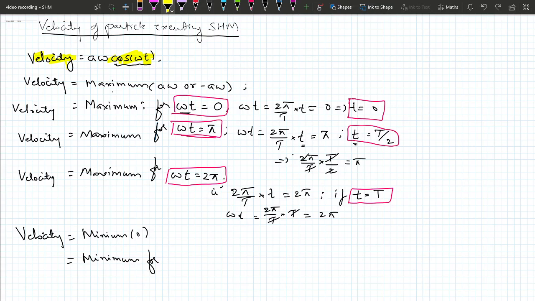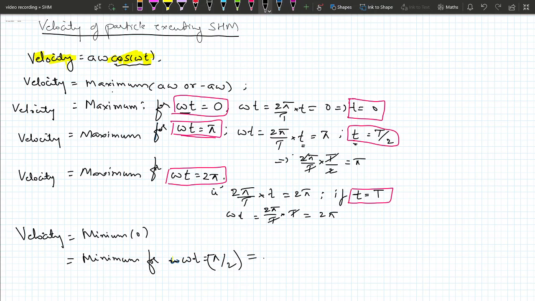Or in other words, omega t should be an odd multiple of pi by 2. So if I take omega t is equal to pi by 2, whenever omega t is pi by 2, the cos omega t will be 0.